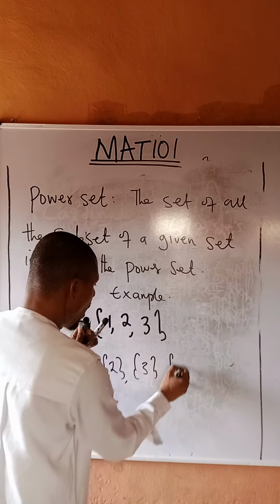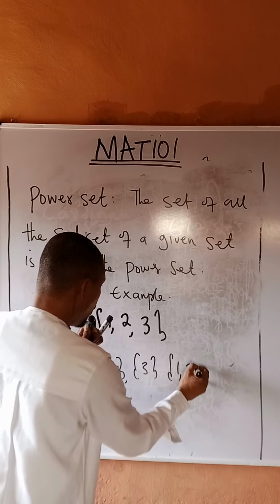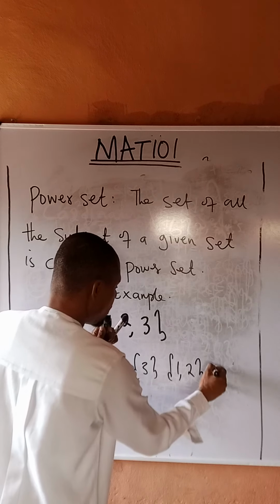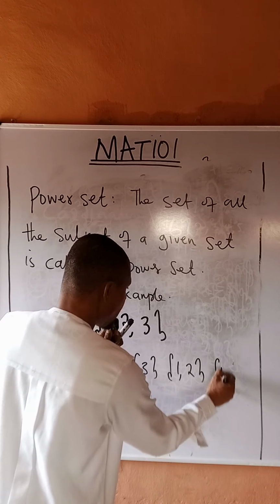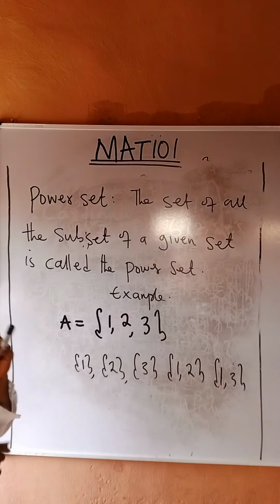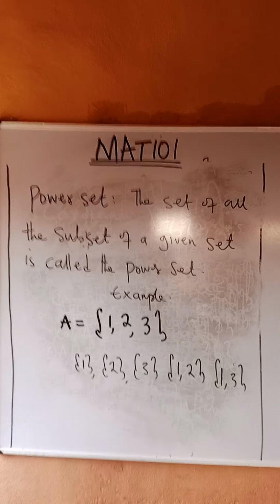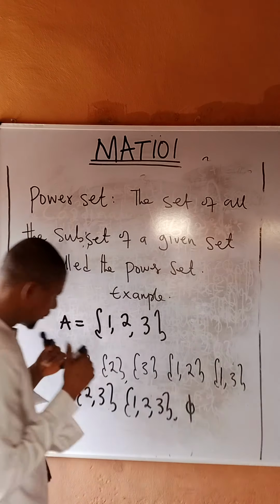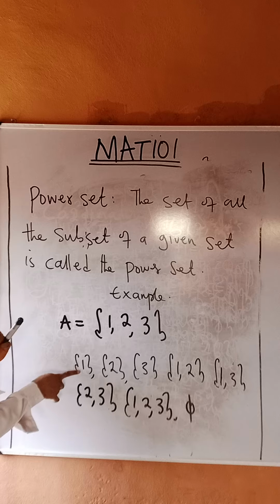I equally have 1 and 2, which is a subset of this set. I equally have 1 and 3, which is a subset of this particular set also. Okay? So if you look at this, you see that these are all the subsets of this particular set.